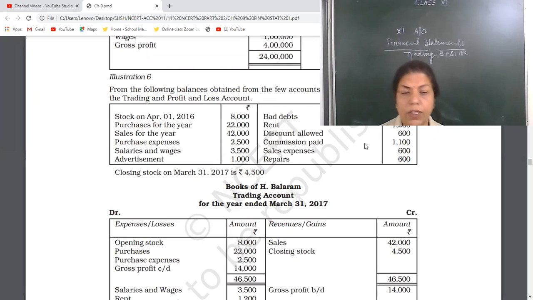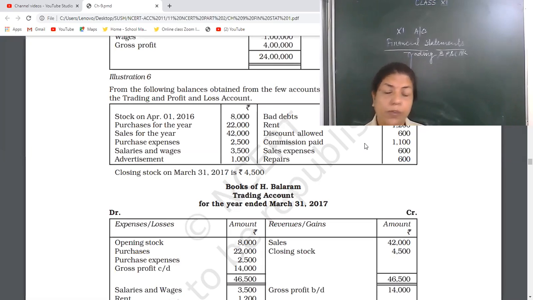Because salary is written first, that's why it will be shown in profit and loss account. If wages are given as a prefix like wages and salary, then you will show it in trading account. Be careful about that because that will be wrong otherwise. See here, salary given first, so we enter it in P&L. If wages given first, we have to enter it into trading account.